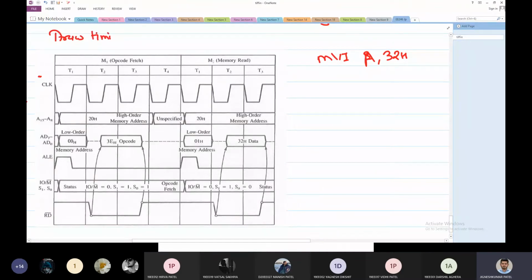Draw the timing diagram for the instruction MVI A, 32H written on address 2000H.